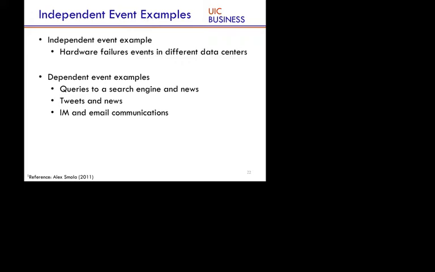But dependent events, you can have lots of examples. For example, what's the current news right now, and what are the queries being typed into a search engine? Same thing with news and tweets, and email communications versus the current state of affairs in your company. Those are all examples of events, and some of them are dependent, some of them are independent.